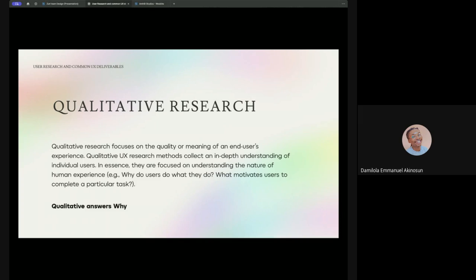A product that helps farmers do their work. When you're trying to perform a qualitative user research, you are going to dive deep into why farmers take specific actions, which means you're going to spend a lot of time with individuals. So qualitative user research doesn't necessarily deal with so many people at once, right? You can have a focus group of just 8 people or 5 people, and with those people, you are actually studying them. You're paying complete attention to them.